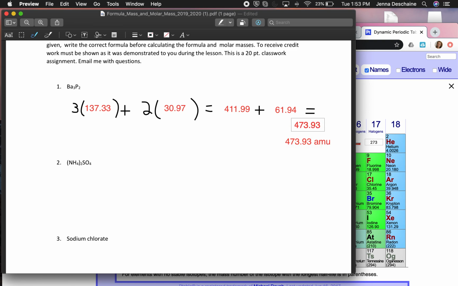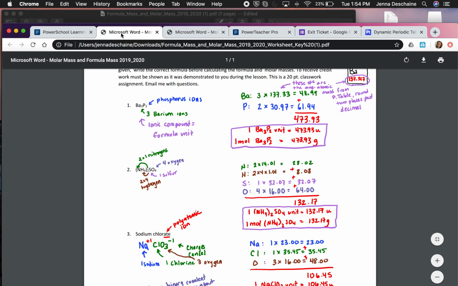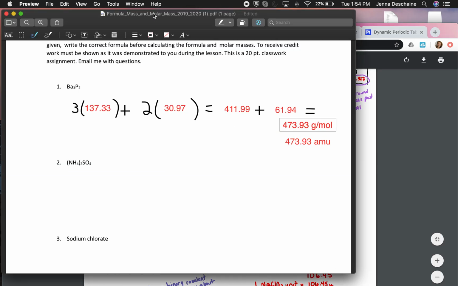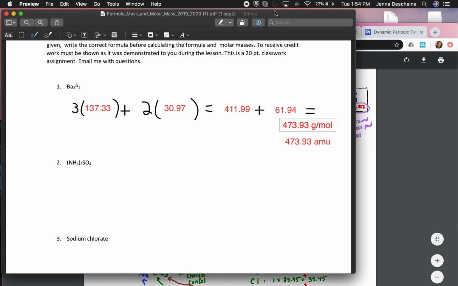So my final answer is 473.93 grams per mole, or 473.93 AMU. Hopefully that makes sense. I think I'm going to use the text tool from now on, because this other one is a nightmare. All right, this is actually going to be your answer key that I'm going to post online, which has been done a lot better than what I'm doing right now.